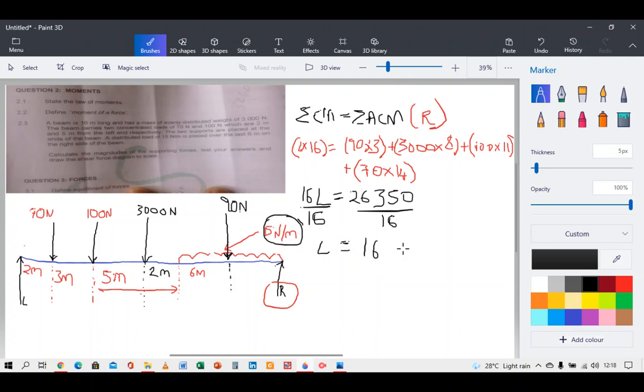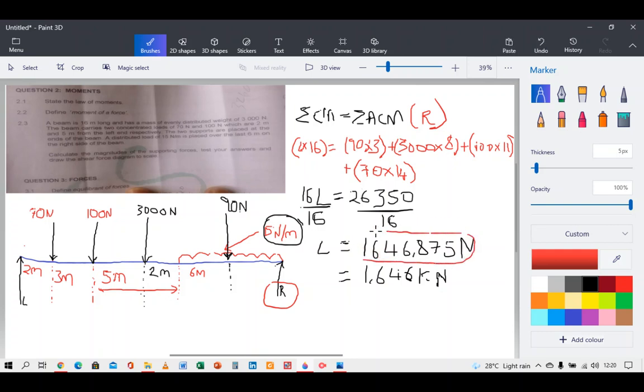L equals to 1,646.875 Newton. In terms of kilonewton, you divide by 1000, which becomes 1.646 kilonewton.